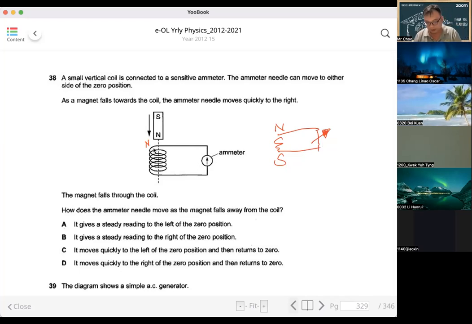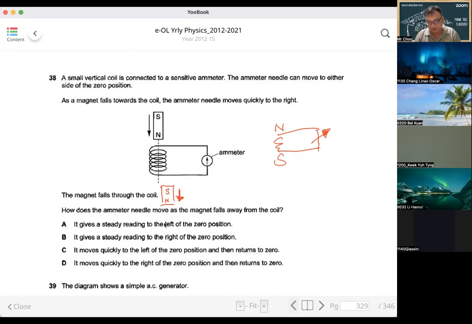Now, what happens after it exits? Let me draw the thing. So when it exits, this will be the north, this will be the south, this will be north, going down. As it's going down, it's trying to repel. So to oppose the repulsion, you need to attract.